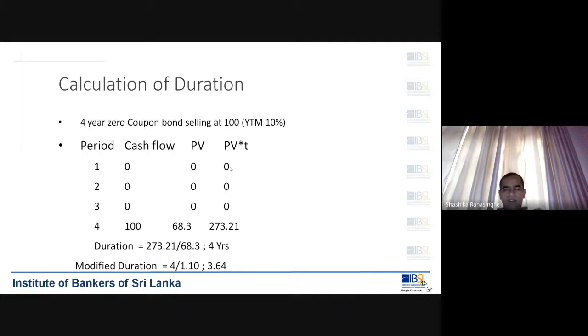Just to get an idea whether you understood the concept, there is something wrong in this question. Can you all pick it up? What is the mistake?